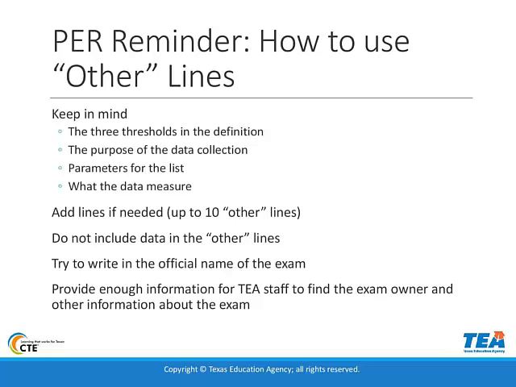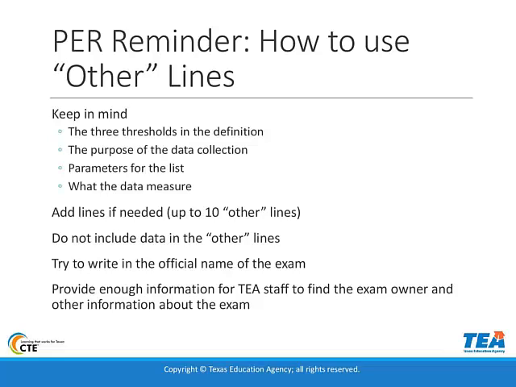And so how do you let us know about it? Well, there's another line at the very bottom. And what we want you to do is put as much information as you can, certainly including the official name of that licensure or certification, so that we can do the research to see if it does belong on the PER list in the future. Now, another thing, when you look at that line at the bottom, it looks like there's just one line there.